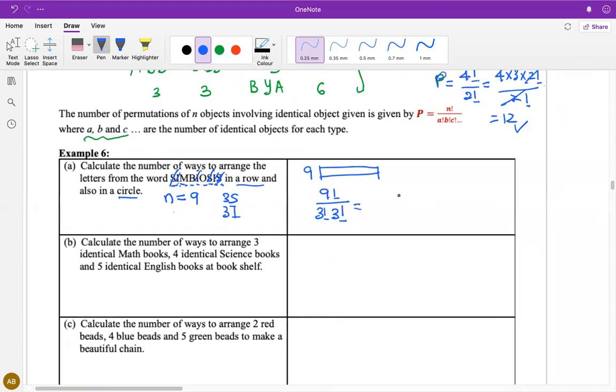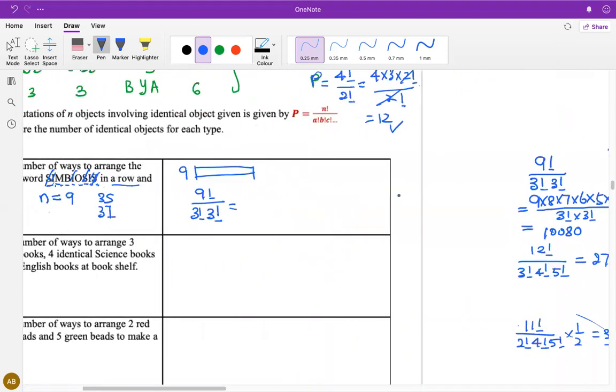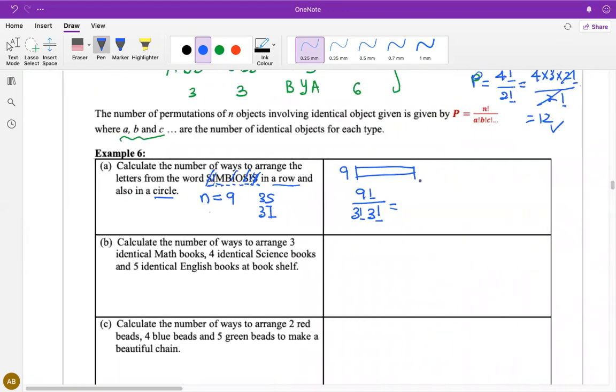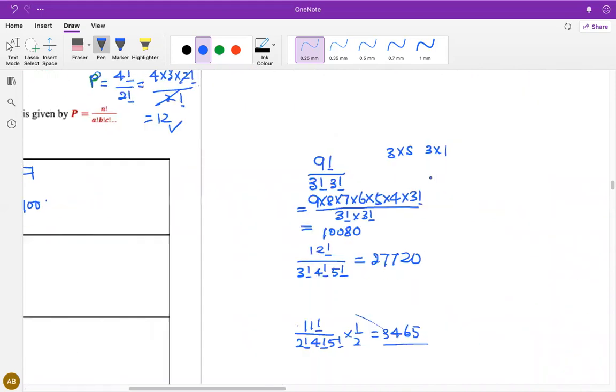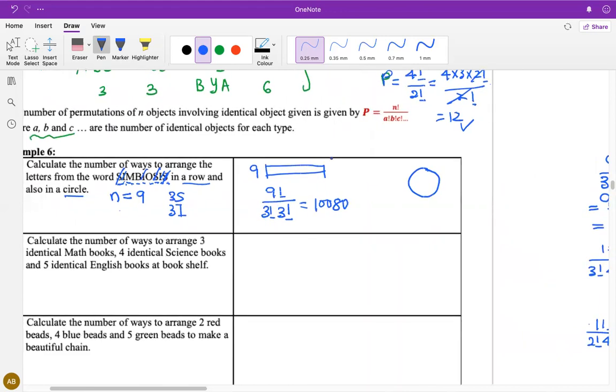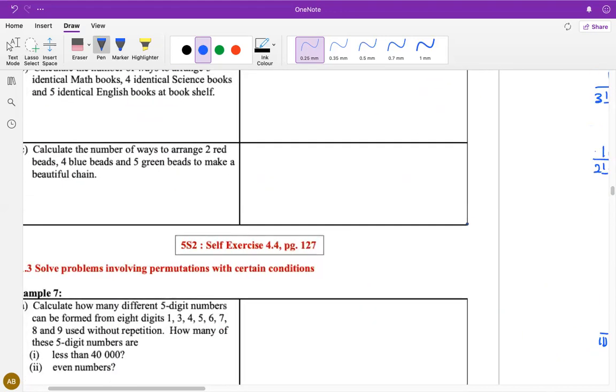So you get the answer 10,080 ways. So if in a circle, okay, in a circle, how? There's a formula, right?